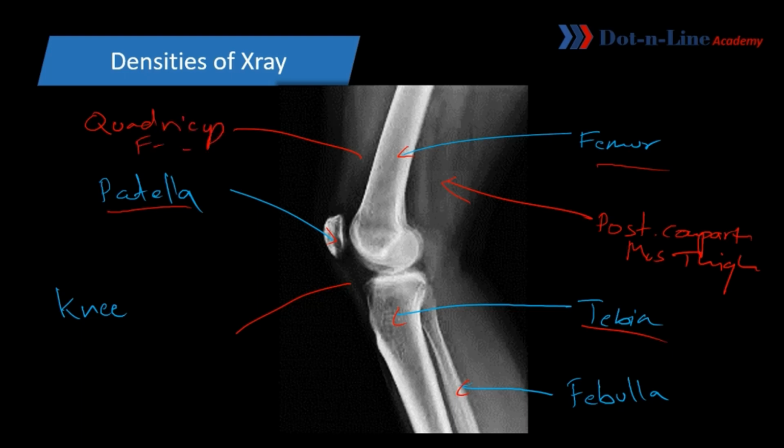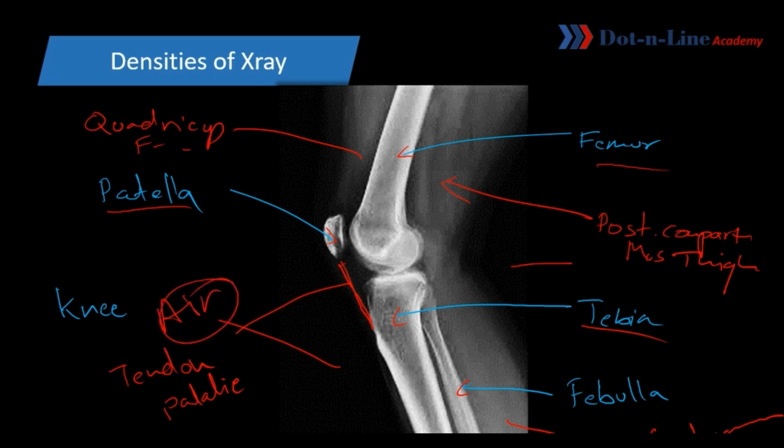It will be a tendon, right? You know, tendon is also a soft tissue. Tendon, patellae. This muscle will be gastrocnemius muscle. Okay, you're getting it. Now what will be black? Black here, air is black.